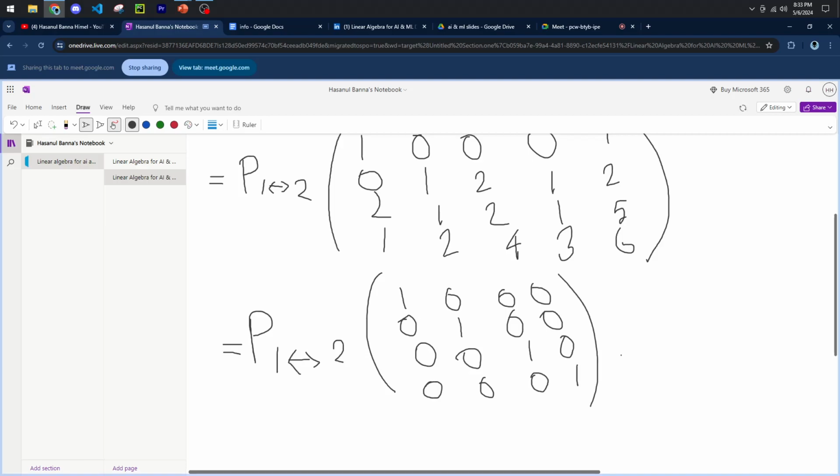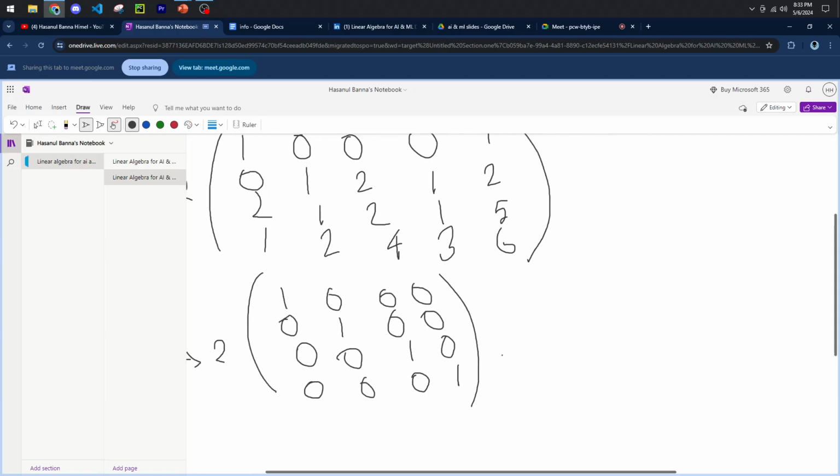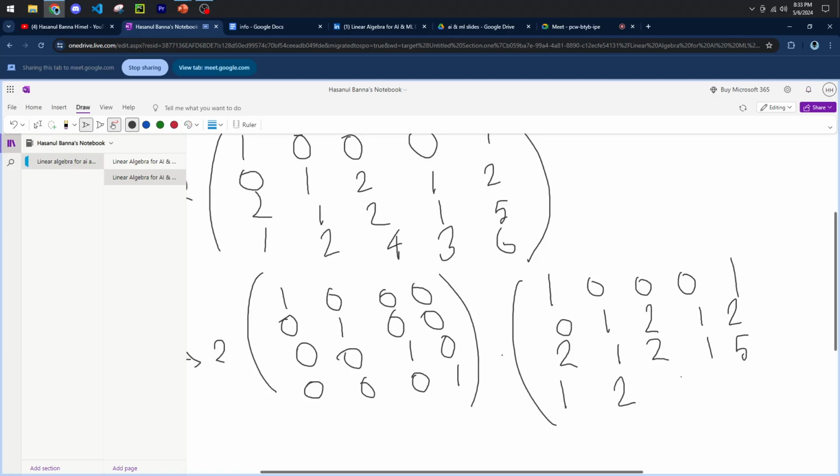Now we will multiply this with our given matrix: 1 0 0 0 1 0 1 2 1 2, 2 1 2 1 5, and our last row will be 1 2 4 3 6.